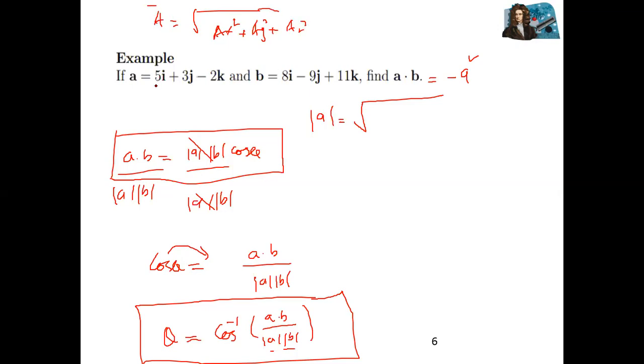So for A, x, this one is y, and third one is z. So write down 5 square. Next one is 3 square. And what about the last one? Minus 2 square, so you can write minus 2 square. So A magnitude is equal to 5 square 25, 3 square is 9, plus 2 square is 4.